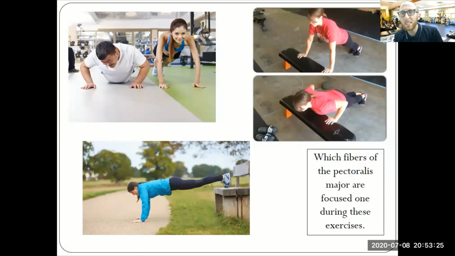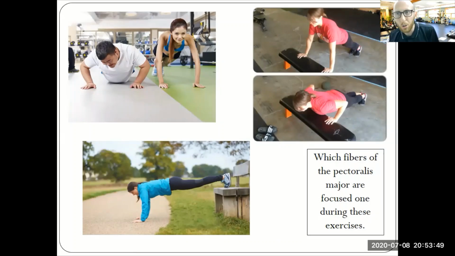And I also want to mention that any one of these exercises will contract the entire muscle. You cannot totally negate part of a muscle if it's one muscle, such as the pectoralis major or the traps, but you can focus it in on certain fibers. So we're not turning off certain parts of the muscle.